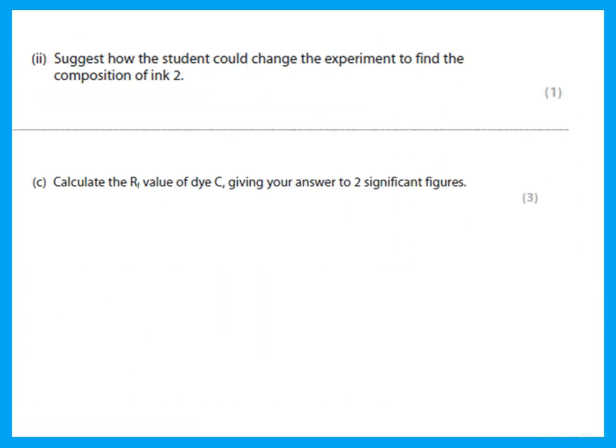Then, how the student could change the experiment to find the composition of ink 2. Ink 2 was the one that did not go up. If a spot did not go up in the solvent I'm using, I should use a different solvent. So maybe if I use ethanol instead of water, then that spot will go up and separate into different spots.